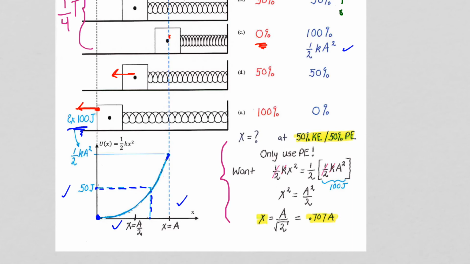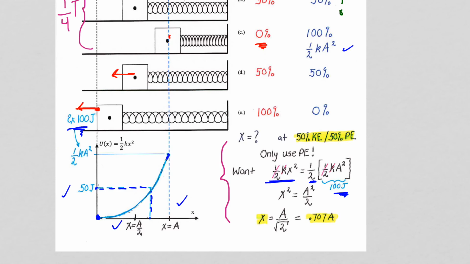Then we're looking at when the function 1/2 kx squared is going to equal 1/2 the total energy available in this problem, which is the 100 joules. Remember that 100 joules is being shared between kinetic energy and potential energy as the block goes through its oscillation.